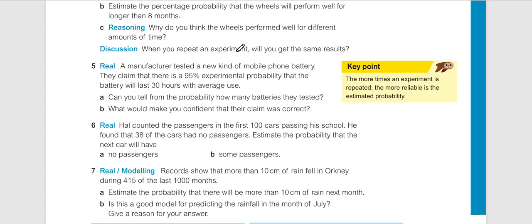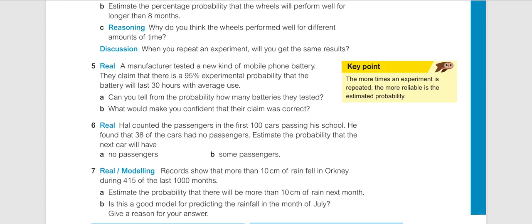Can you tell from the probability how many batteries were tested? 30 is the number of hours they are saying it will last with average use.